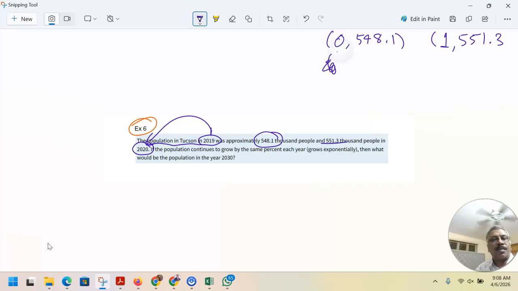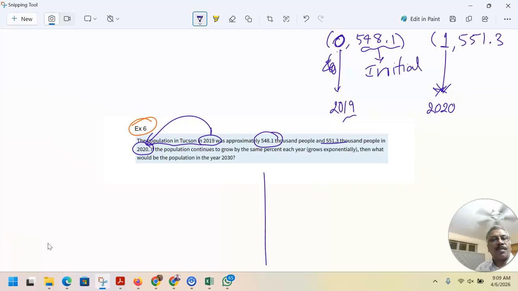So these are the main 2 points, and this is the same thing. What does this 0 basically mean? It is the year 2019, and this basically means 2020. It helps us to calculate around those years. Once you get this point, because this is 0, this is the initial point, or the y-intercept.